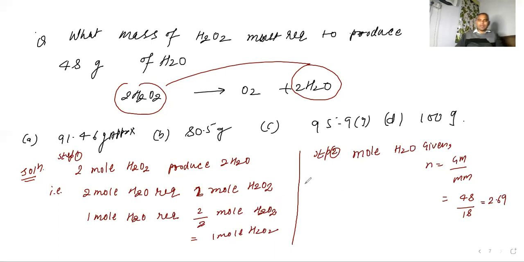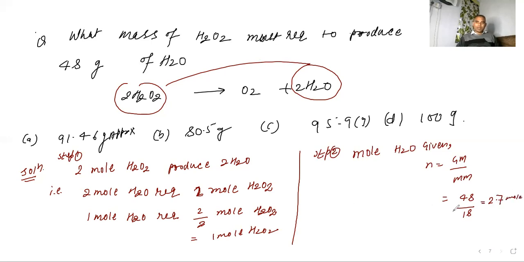It will come to more than 2. See how much is coming. 48 by 18. 2.666 is coming. So 2.6 you can consider, or you can consider 2.7 as an approximation. All right, so 2.7 it can go. That much only we can do approximately. So this is the moles.